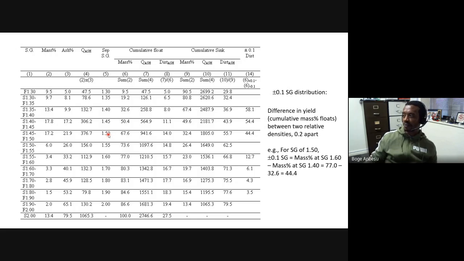So 1.5 plus or minus 0.1 means 1.4 and 1.6. Okay, so I hope you're following. So then I go to 1.4 and 1.6 and take the difference between the cumulative floats of these numbers. So 1.6 cumulative float is 77, 1.4 cumulative float is 32.6. So the difference between this is 77 minus 32.6, and that should be 44.4.